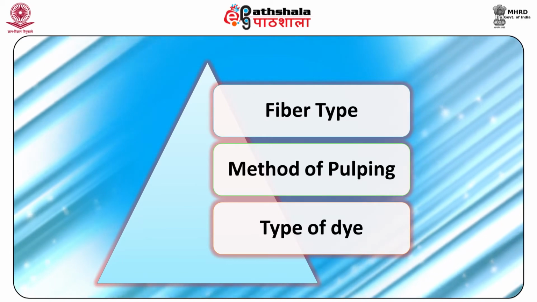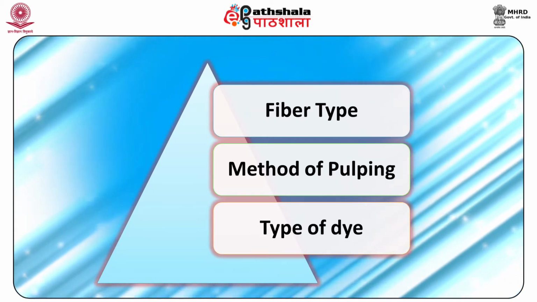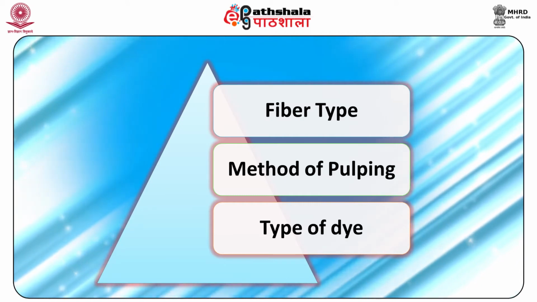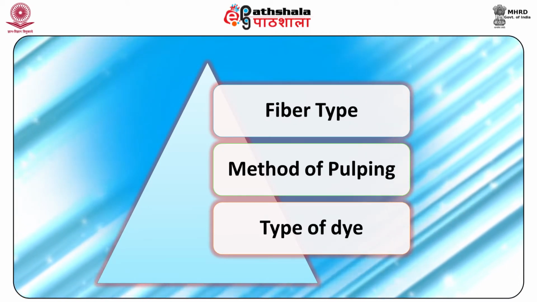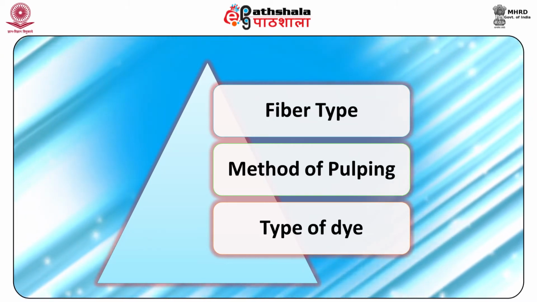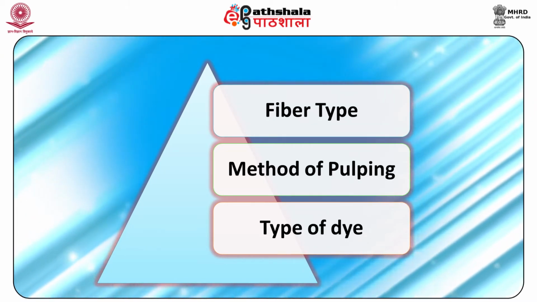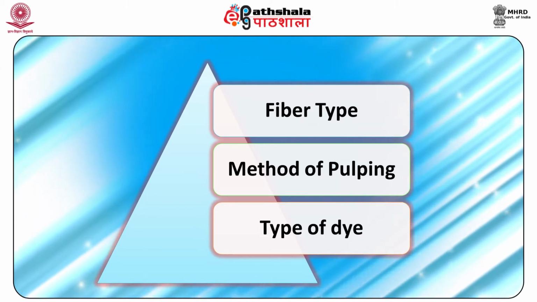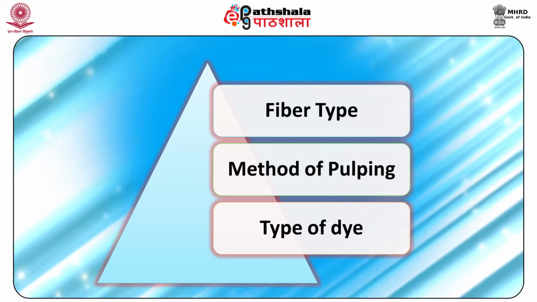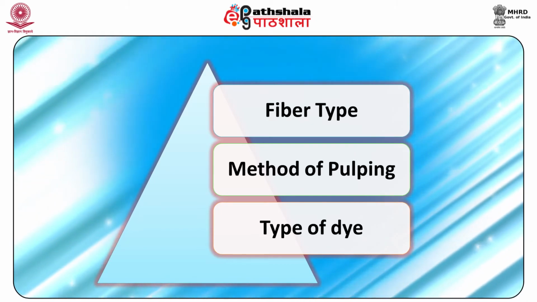The first examination, known as fiber furnish, involves the breakdown of a portion of paper using water, or on occasions dilute acid or alkali, into a pulp in which the individual fibers can be examined microscopically.